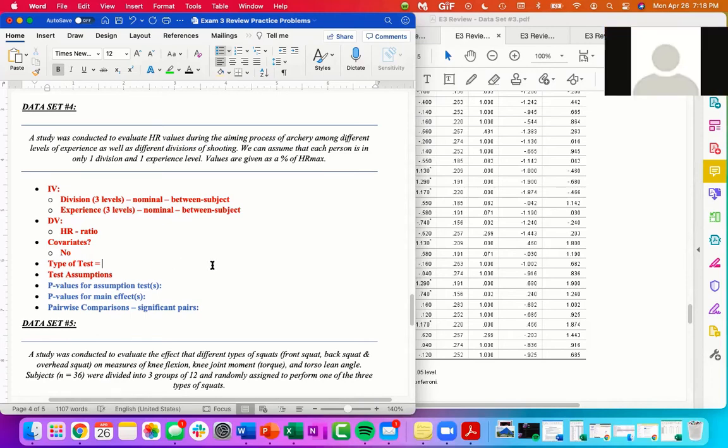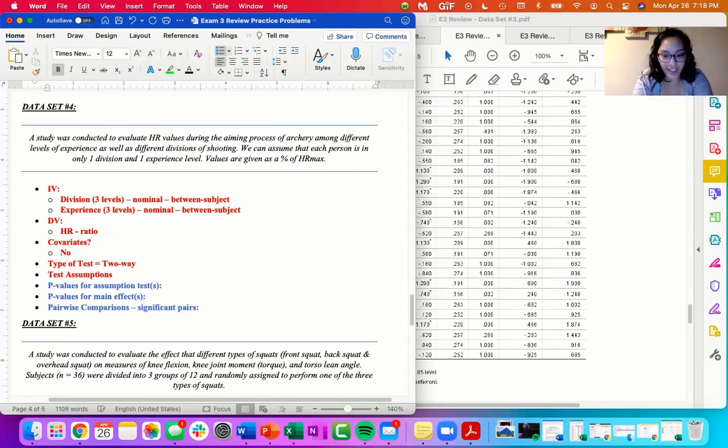A 3 by 3 between ANOVA. Or you could say 3 by 3, and then put between, or we could say independent, also is fine.